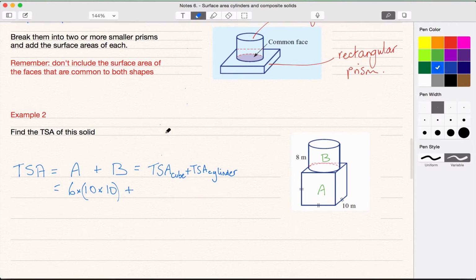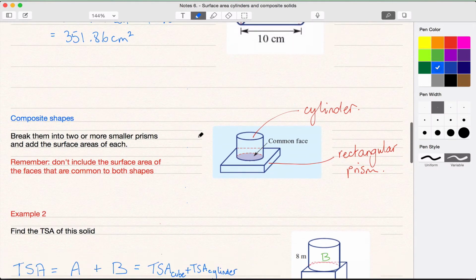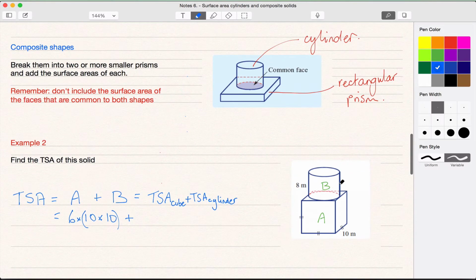Total surface area of the cylinder. Now, if we look at our formula up here, we had 2 pi r squared, which was the 2 sides, the top and the bottom, or the 2 circles, and 2 pi rh, which was the curved bit. So we can include the 2 pi rh, which is the curved bit around the outside.